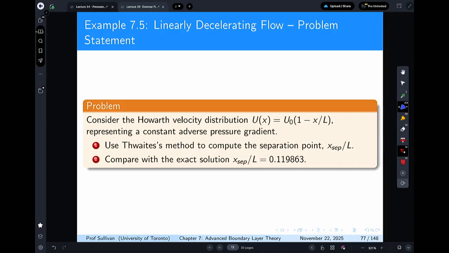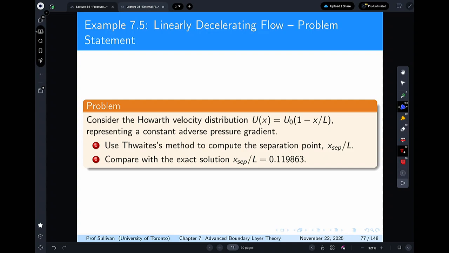So we could consider an example. We have a Howarth velocity distribution. So u is equal to u naught times 1 minus x over L, and it represents a constant adverse pressure gradient.